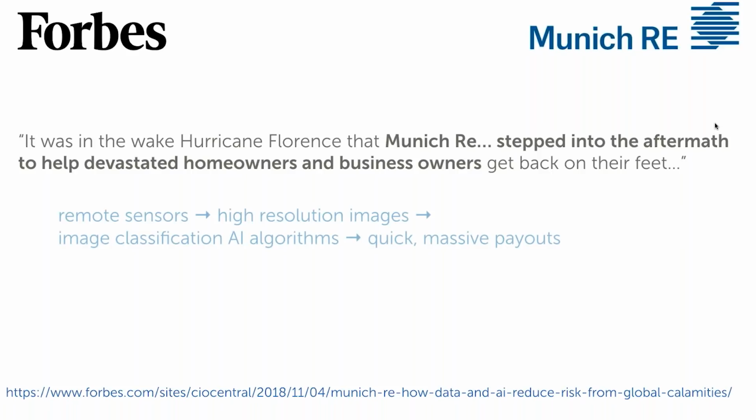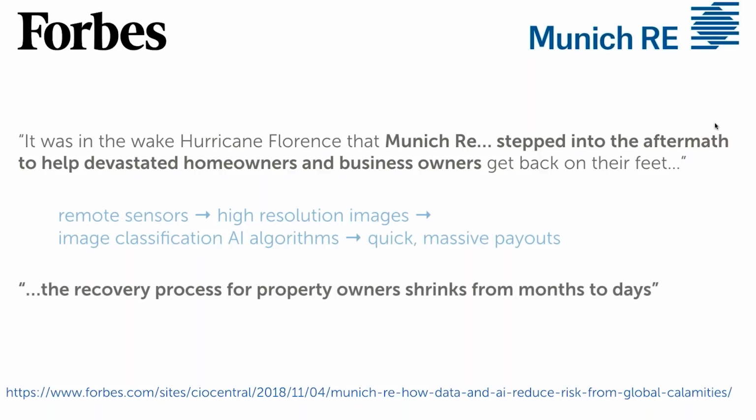Then it goes on, and there's a lot of great richness in the article, but I'll summarize the key part about the Hurricane Florence example. They've invested in fancy remote sensor technology that produces high-resolution images that go into these cutting-edge image classification, AI and ML algorithms that let them do massive payouts that normally would require a ton of manual vetting, and lets them do it very quickly after a disaster.